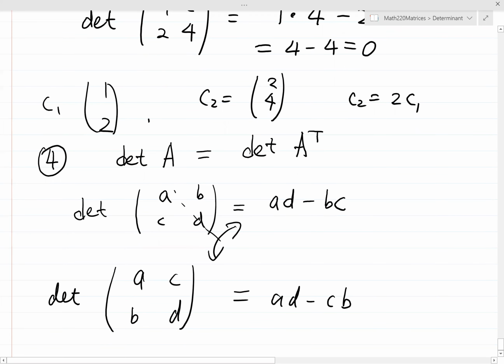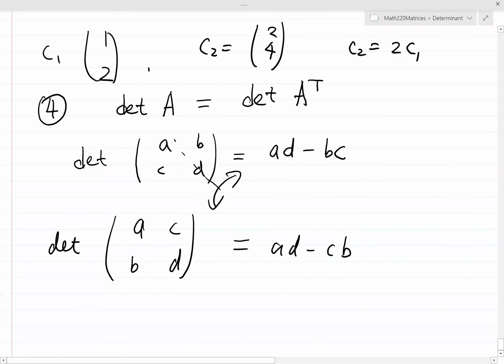In this case, BC and CB are the same, since multiplication of scalars is commutative. So this is actually AD minus BC. The determinant of a matrix is the same as the determinant of its transpose.